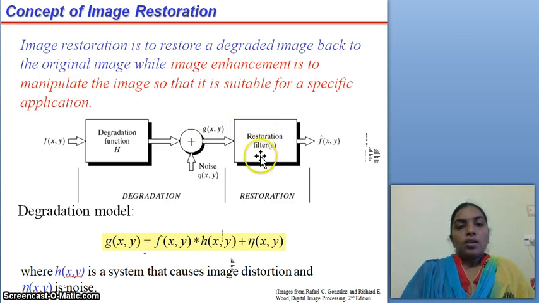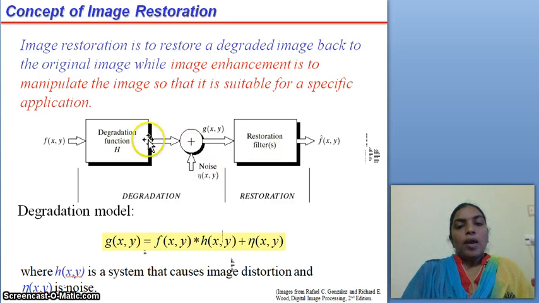The restoration filter, or image restoration technique or system, completely depends on the degradation function. That means the image is degraded by the degradation function and noise.